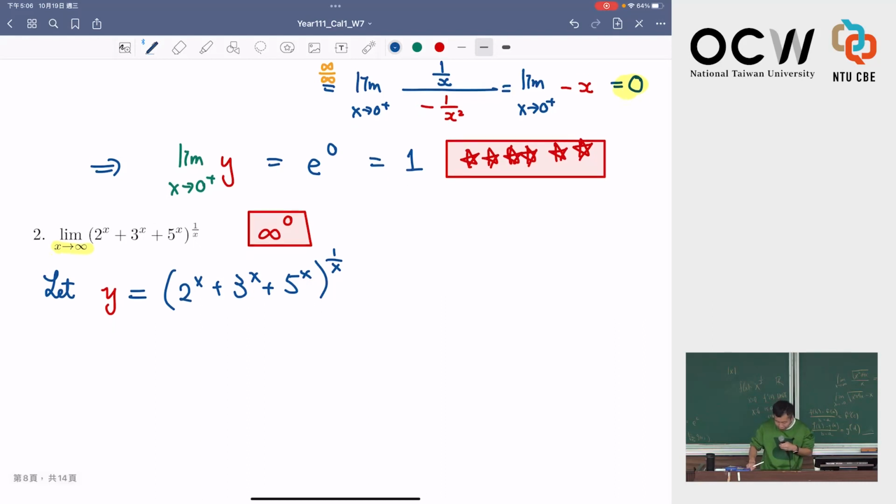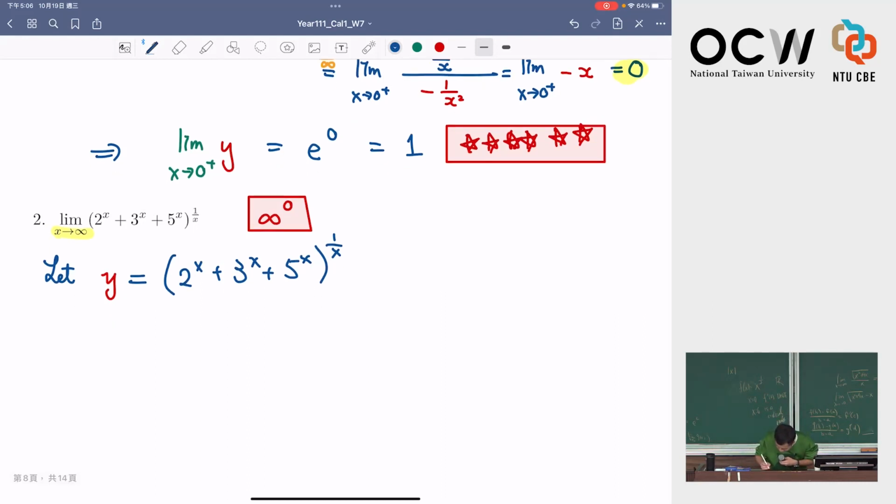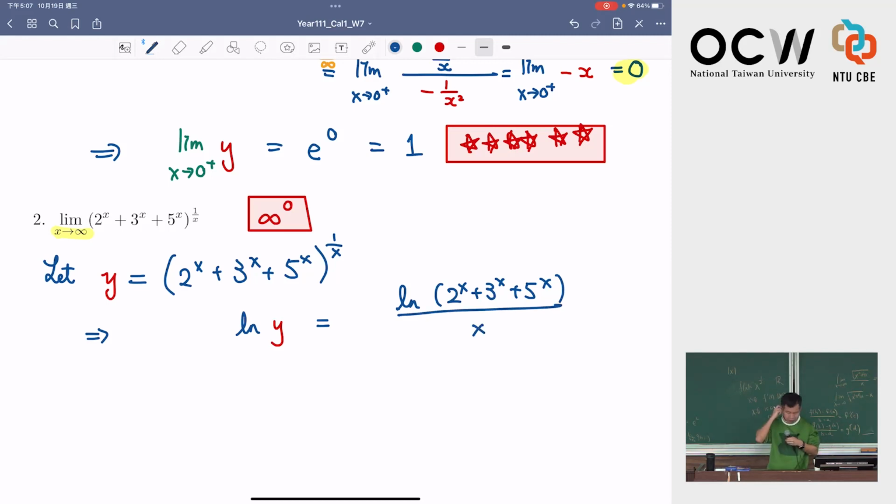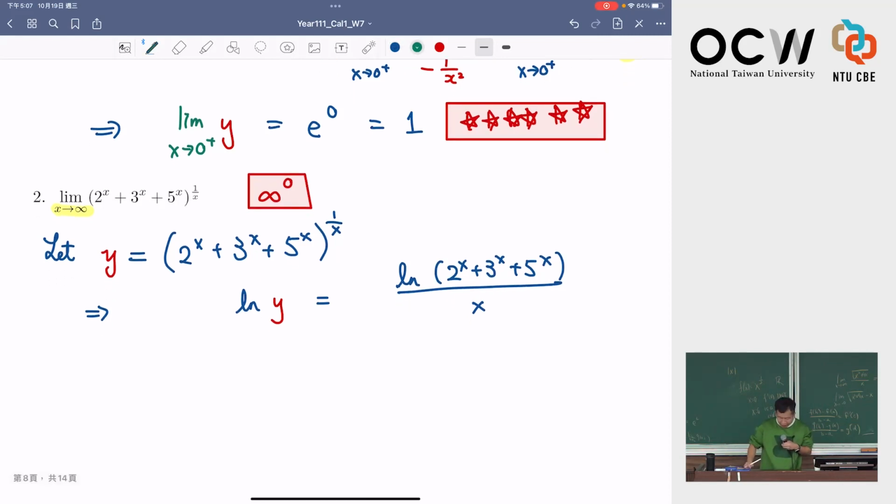Then if you take logarithm from both sides, you get log of y equals to log of 2 to the x plus 3 to the x plus 5 to the x divided by x. And now what you're interested in is not just taking logarithm, but you are interested in the limit x go to infinity.